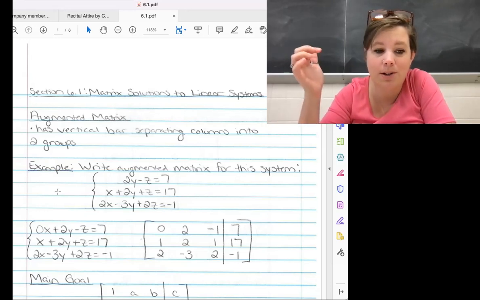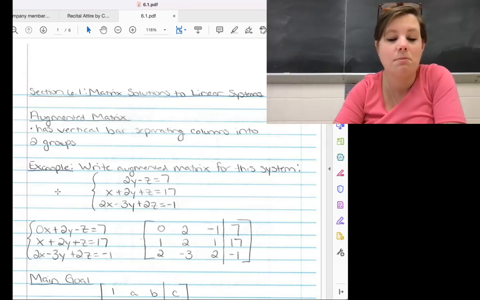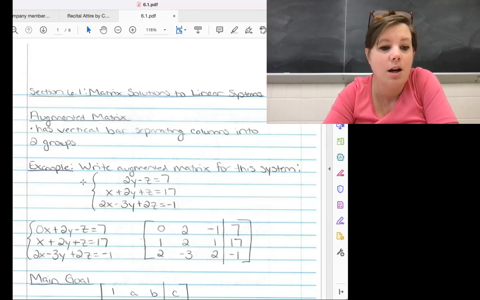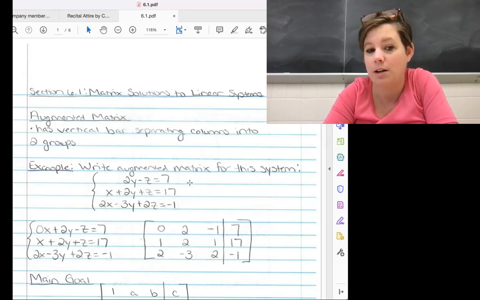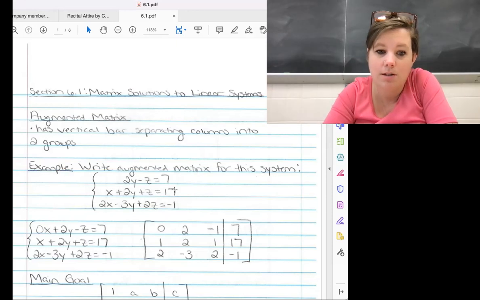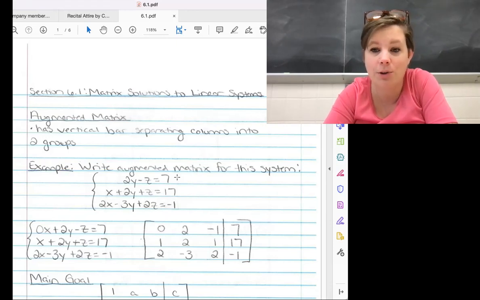I'm not going to do it on the board because really there's not a lot to write, so I'm just going to talk you through it. It says write an augmented matrix for this system, and then it gives you a system of 3 equations with 3 unknowns. The first thing I want you to note is that equation number 1, that top equation, does not have an x term. That's totally okay.